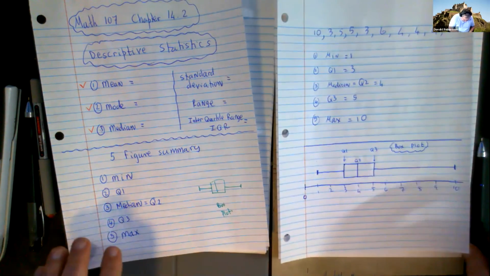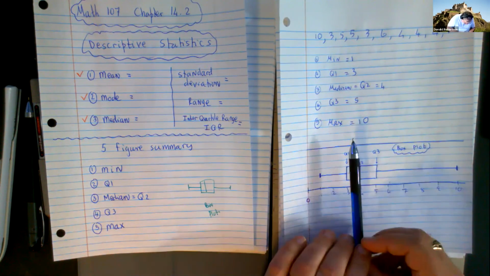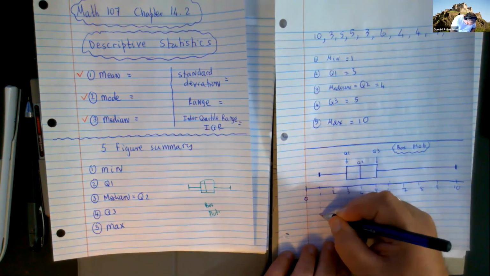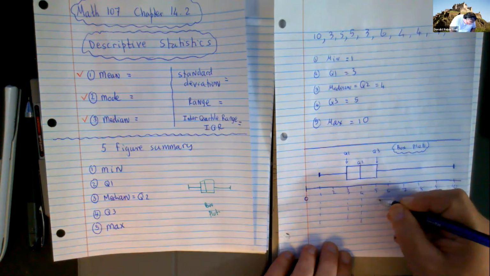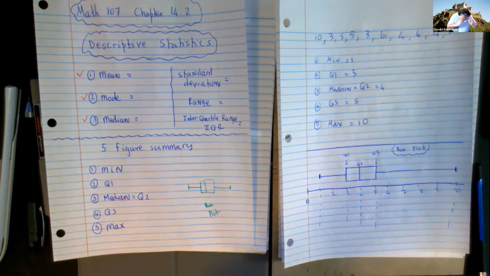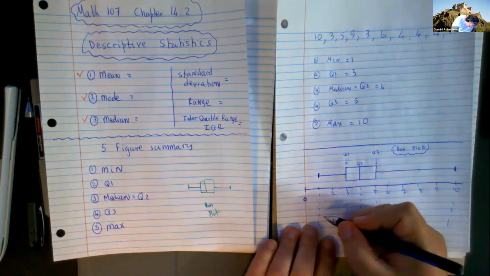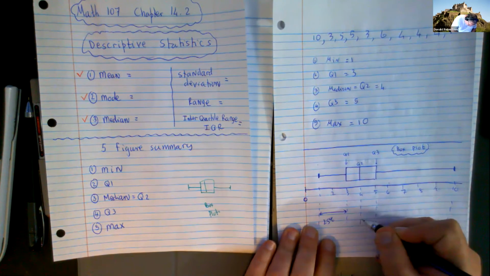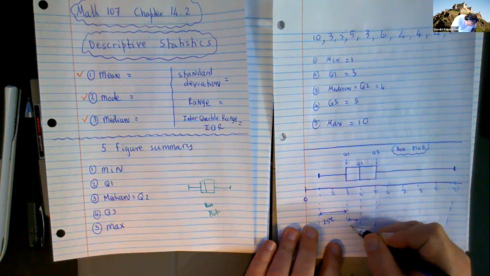And once you get used to it, can you see that if I add extra lines here, the data is really broken into 4 chunks, 4 quartiles? From here to here is the first quarter. From here to here is the next quarter. From here to here is the third quarter.